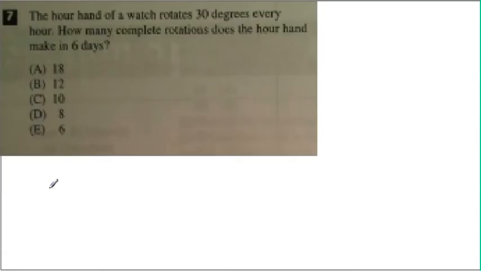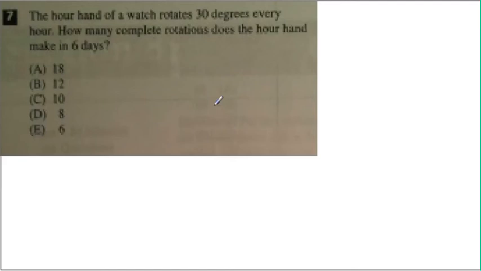Let's look at number 7 for a second. The hour hand of a watch rotates 30 degrees every hour. Hard to read in the case of number 7 here. Sorry about that once again. How many complete rotations does the hour hand make in 6 days?